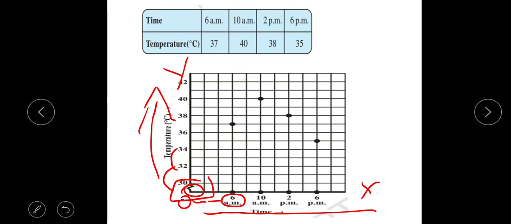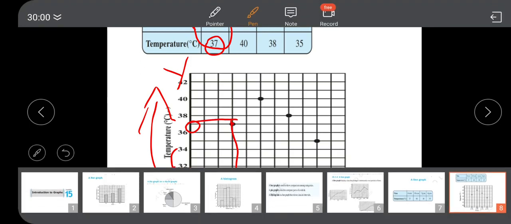Okay. Then what to do? How do we mark this data? So first we take 6 am on this horizontal line. This is 6 am. Then 37 degrees Celsius on the vertical line. You draw those two lines and they will join here.